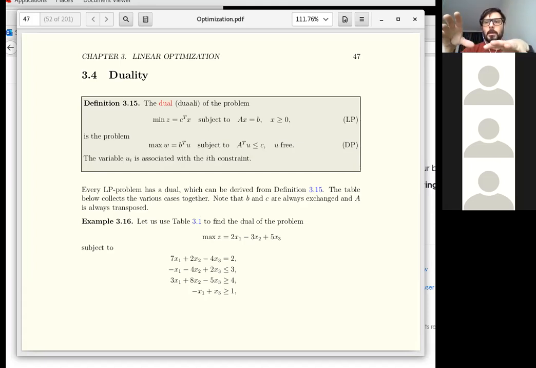The dual, on the other hand, is a different problem, one where you're maximizing over u. Now you have u, which is a new variable, and you're maximizing b transpose u, and you have a constraint which says that A transpose u must be smaller than or equal to c. So let's not go deep into any interpretations of this, but the constraints and the costs have exchanged places, and minimization has become maximization.